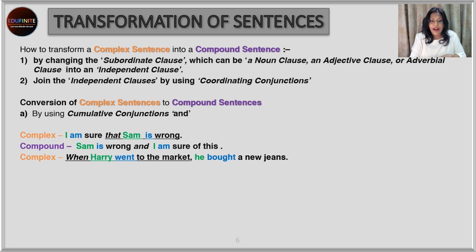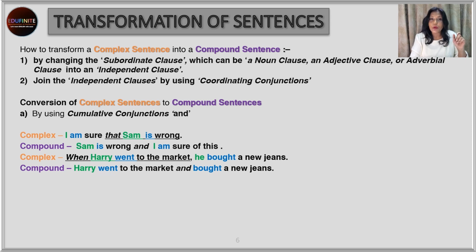Next, when Harry went to the market, he bought a new jeans. So when Harry went to the market is a subordinate clause which has to be changed into an independent clause. Now let's see how. Harry went to the market. So we remove the subordinate conjunction when. So it has changed into an independent clause. Harry went to the market.